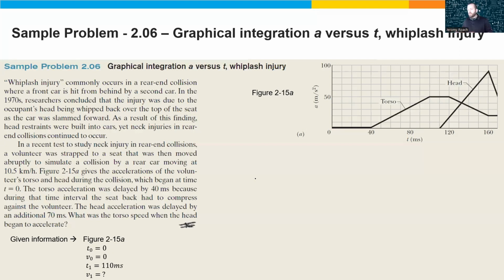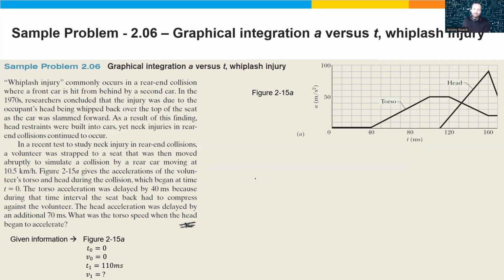All right, now to our example problem. There's kind of a lot going on in all of these example problems, but I think this is a great example problem. Whiplash injuries are injuries that people usually get when they get rear-ended by somebody while driving a car.